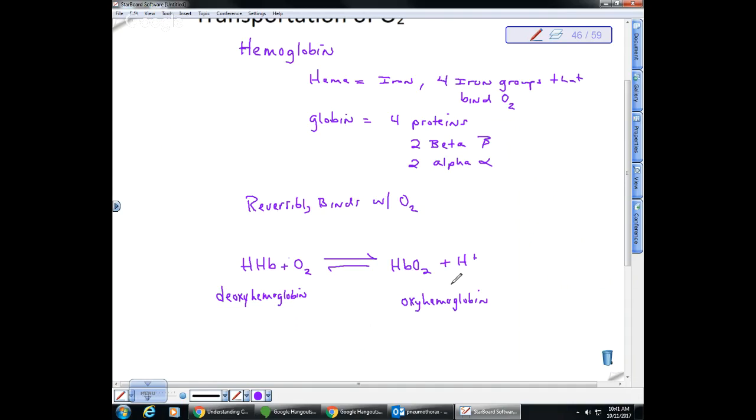Now there is a misconception about the difference in color between deoxy and oxy that is incorrect. So unoxygenated blood is not blue. So you would never see blue blood coming out, right? Some insects have bluish green blood because instead of iron, they have copper as their pigment, as what binds their oxygen.